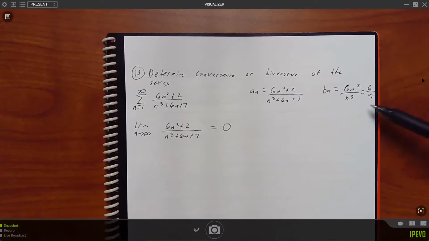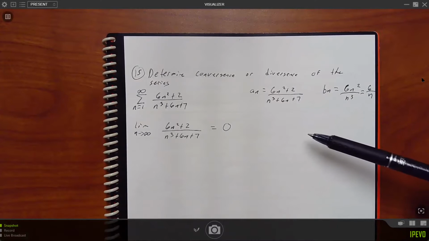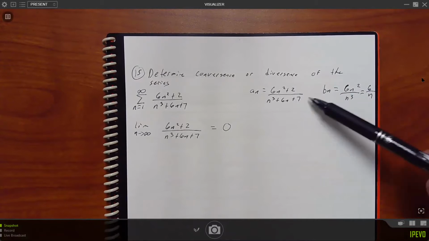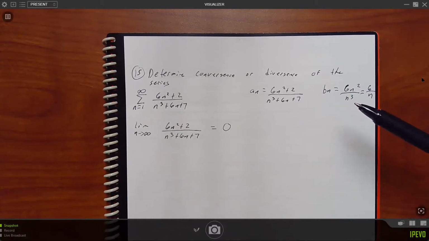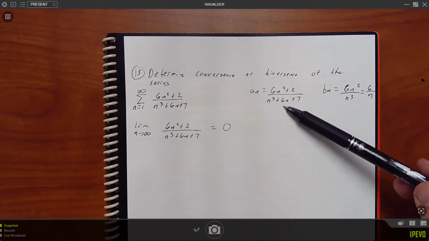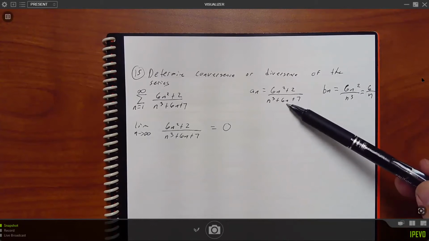Which one would you say is bigger, this one or that one? This one, the BN or the AN? This one has a 6n, n cubed plus 6n on the bottom, right?